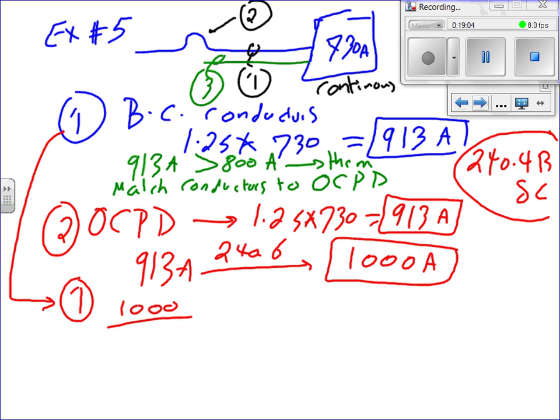You can do 2; I'm going to put 3 runs. Why did I pick the 1,000? Because of more than 800. Why did I divide by 3? Because I decided to go with 3, and that gives me about 333 amps, which will get me around 450 or 500 kcmil, which is a good scenario.